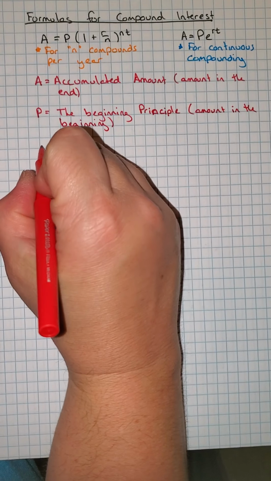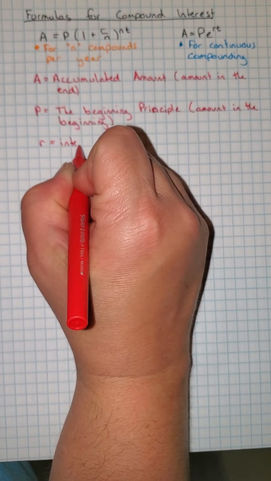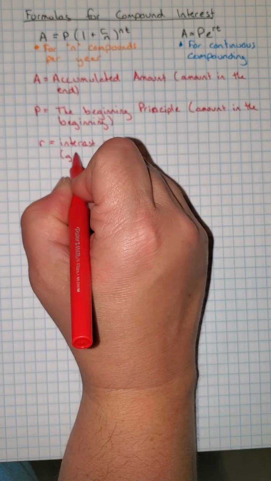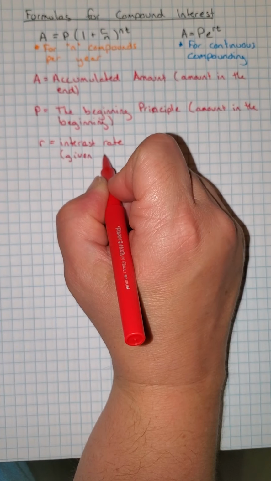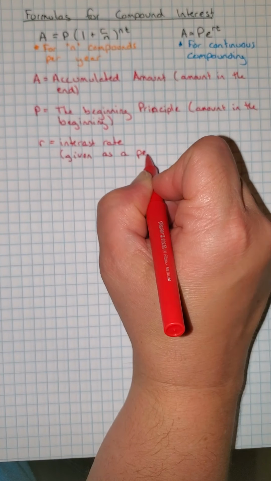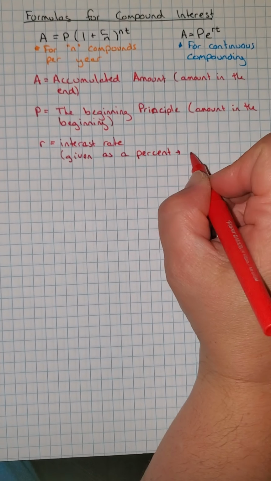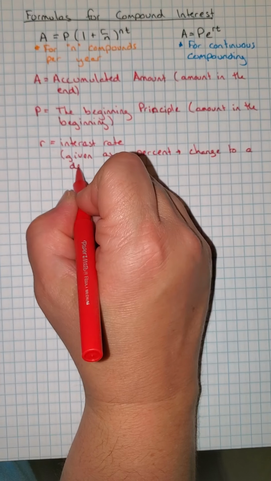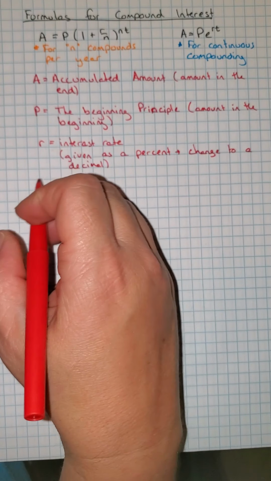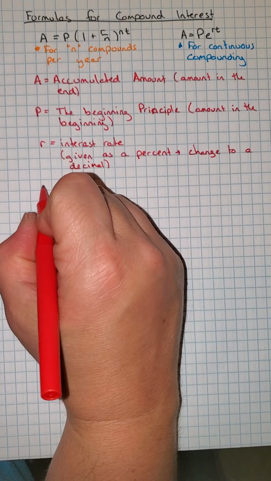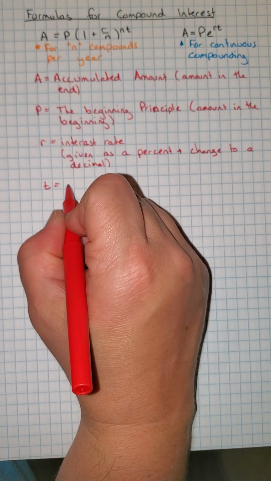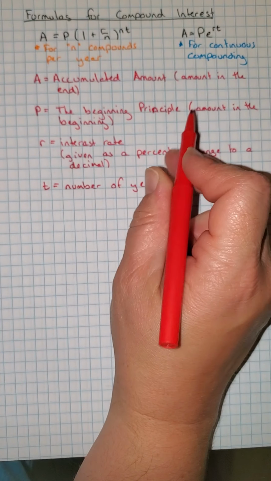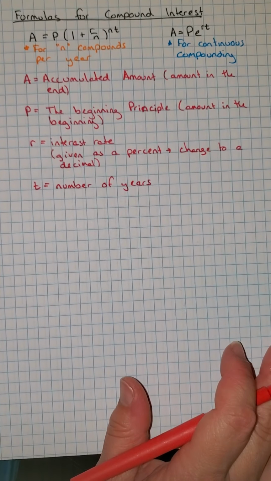R is your interest rate. It's usually given as a percent. Change it to a decimal. And then T is the number of years. Okay, the E is the E. So that's just like your E in the calculator.